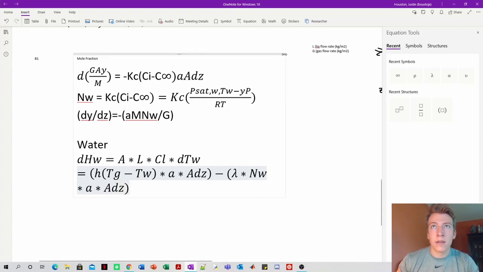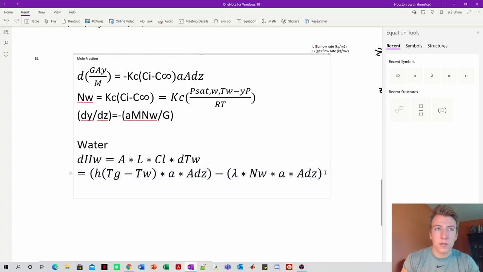Let me elongate this a little more. Perfect. Like I said, on the left side here we have the heat transfer of the air to the water phase, and then on the right side we have the evaporation going on from the water to the air.